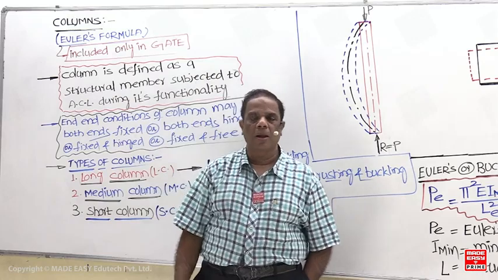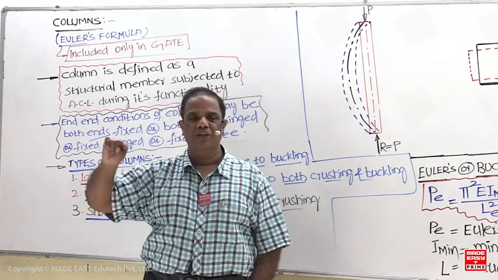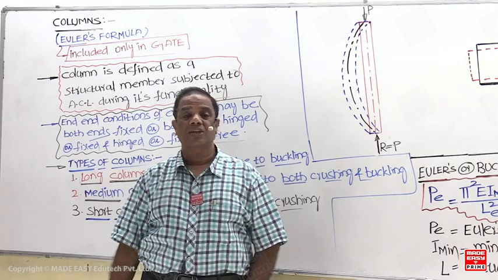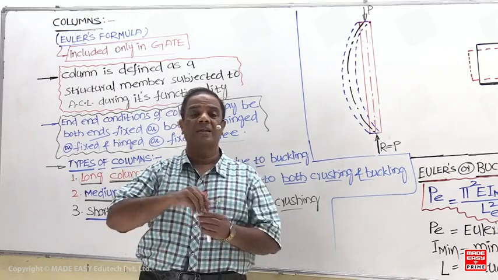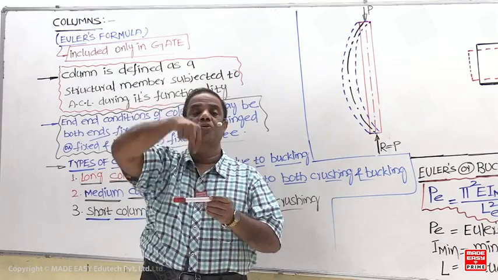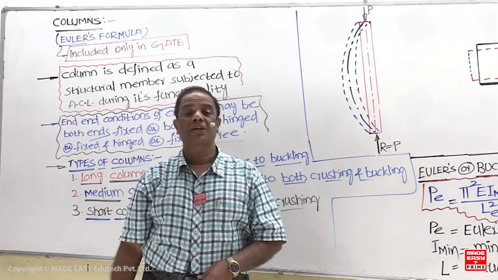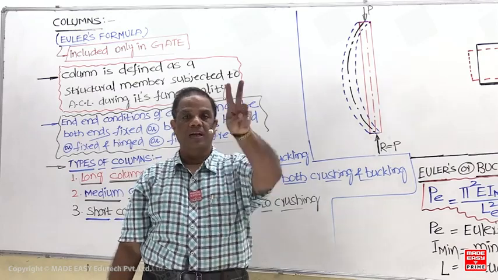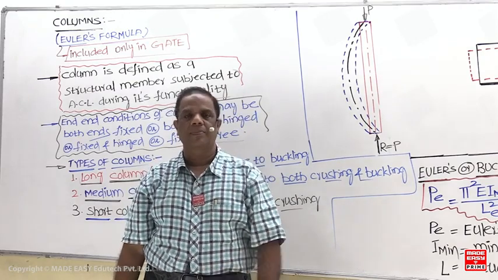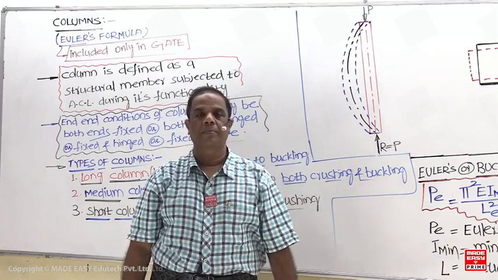So first, for the column, we have studied the difference between a column and a beam, when you were studying the deflection of beams. A column is a structural member subjected to axial compressive load. A beam is a structural member subjected to transverse shear load. End conditions of a column may be both ends fixed, just like a fixed beam, or both ends hinged, just like a simply supported beam.